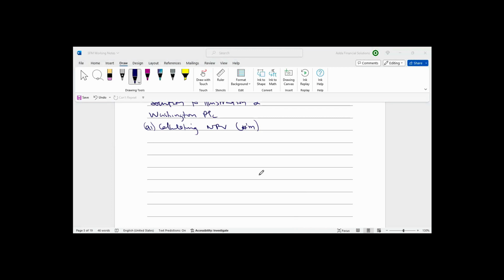In the table, you are given 4 years. That's not sufficient for me. I will go back to the question again and look for the portion where I have tax liability. The examiner told us that profit tax of 30% per year will be payable 1 year in arrears. So tax is payable 1 year in arrears. It means that the life of this project will be extended beyond year 4.